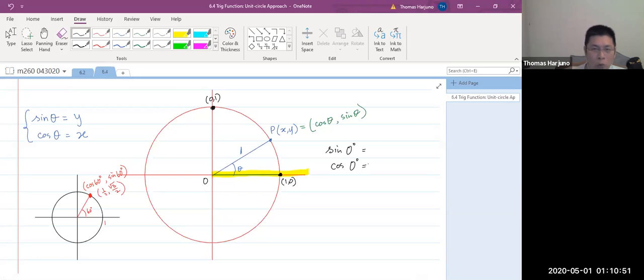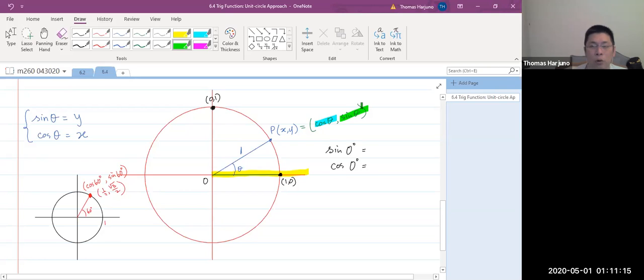Now we know, if we know the central angle, in this case 0 degrees, then the coordinate associated to that will tell us the cosine and the sine. Notice that the cosine is always the x, the sine is always the y.